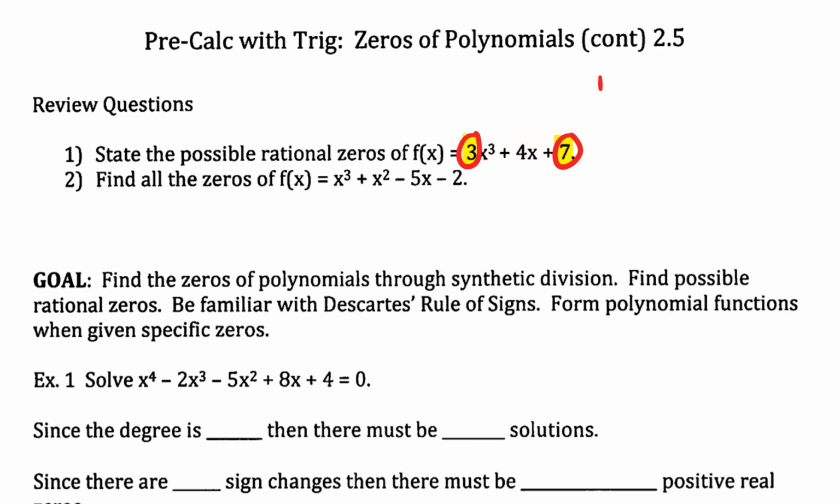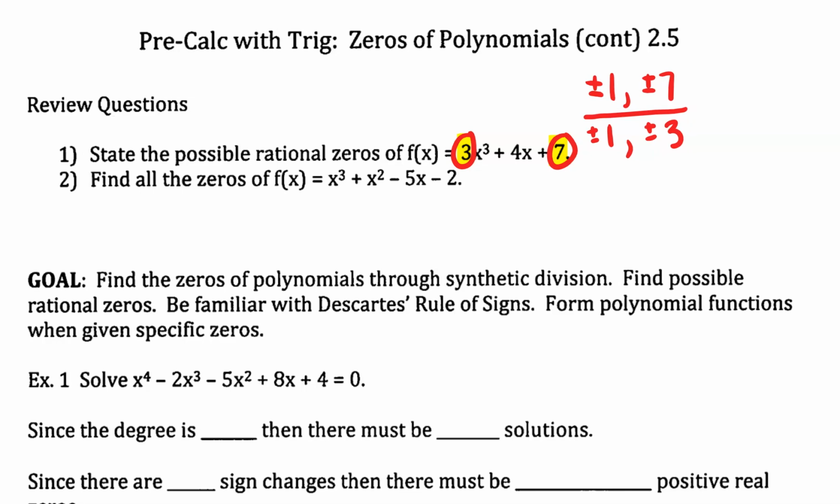This one's pretty quick and easy because there's only a couple factors of 7. That's positive or negative 1 and positive or negative 7. And then same deal with 3. The factors of 3 are just plus or minus 1 and plus or minus 3, because both 7 and 3 are prime, they only have a couple factors.